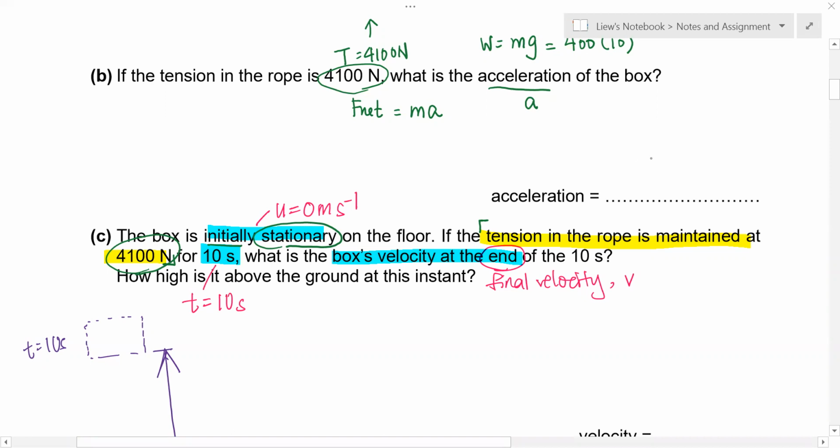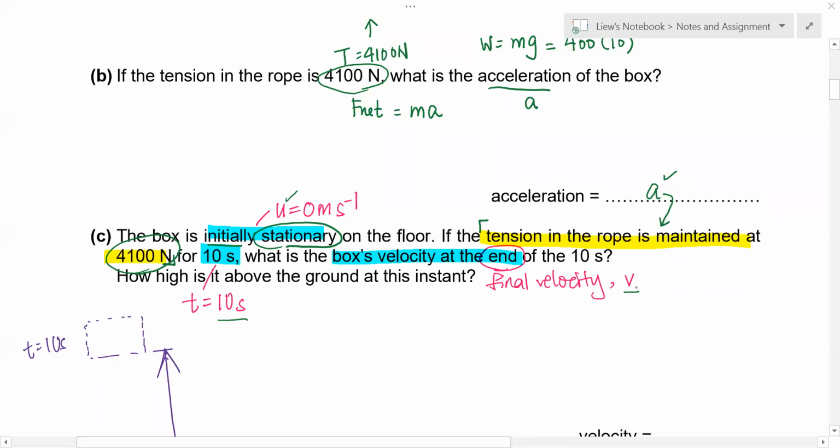And we have the value of the acceleration. So what we have in part C is a case where the initial velocity is given, the acceleration is constant, the time is given as 10 seconds, and the question asks you for the final velocity.